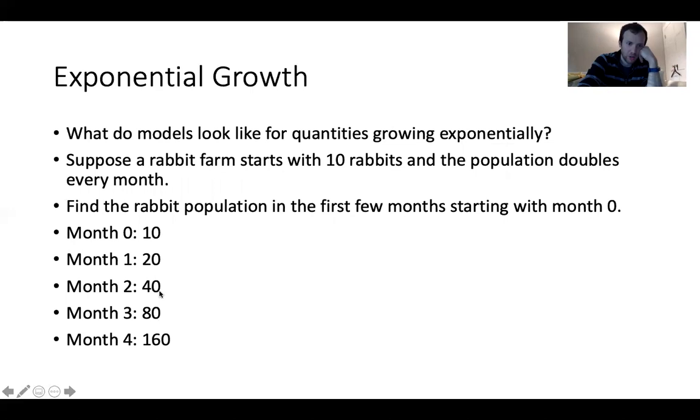So after 4 months, you have 160 rabbits, which is a lot of rabbits. A hallmark feature of exponential growth is it grows really, really fast when you keep doubling.